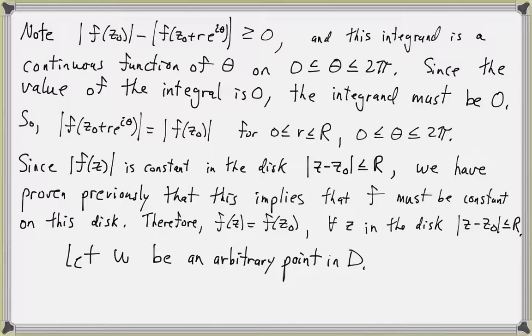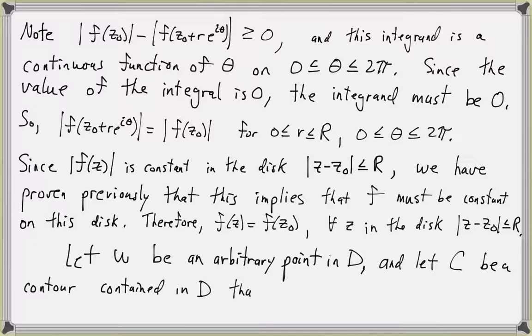And so the function is constant on the whole domain D, which would be a contradiction. Also, let C be a contour contained in D that joins z0 to this arbitrary point W.